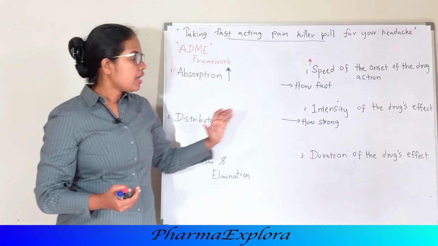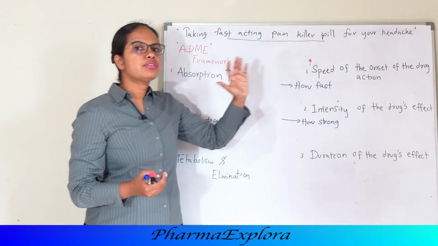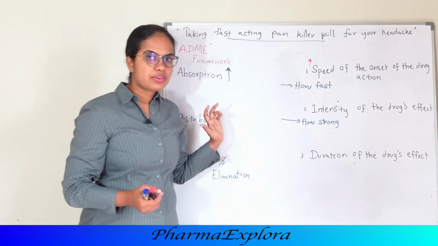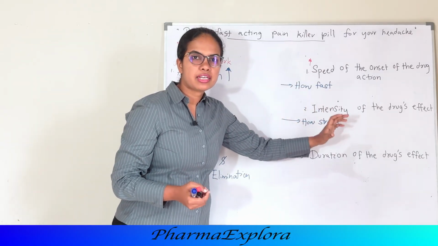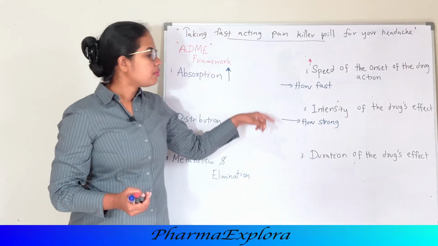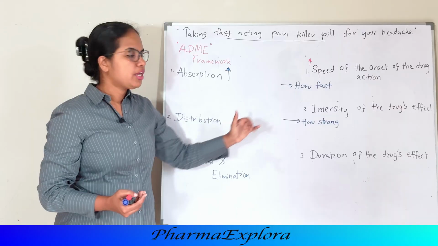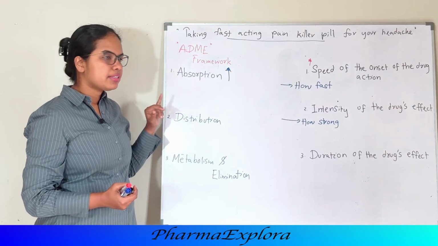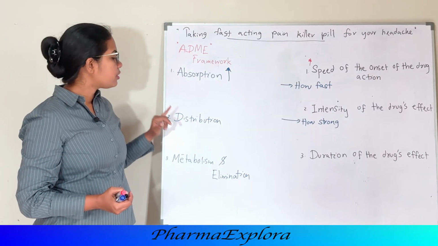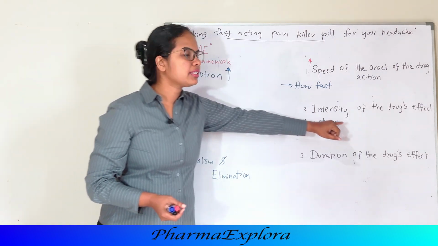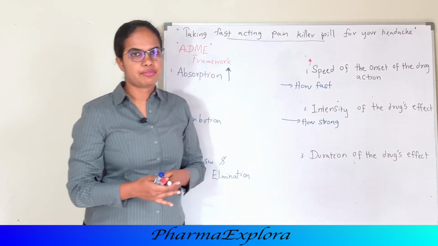That means if more drug molecules are distributed to the targeted cells, the pain will completely fade away. So distribution is the second important pharmacokinetic parameter that is going to determine the intensity of the drug's effect.